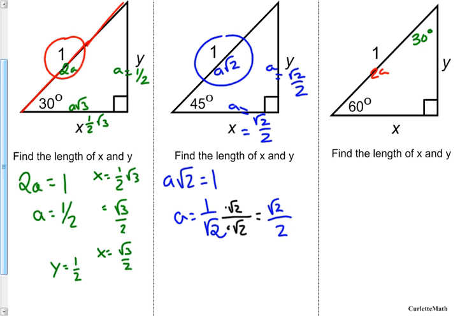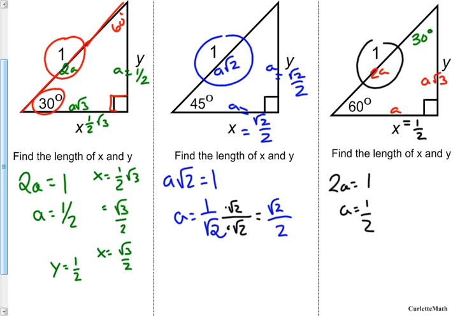The side length between the right angle and 30 degrees is a square roots of 3. And between the right angle and 60 degrees is a. So here again, 2a equals 1, a equals 1/2. So here we get 1/2, and here I get the square root of 3 over 2.